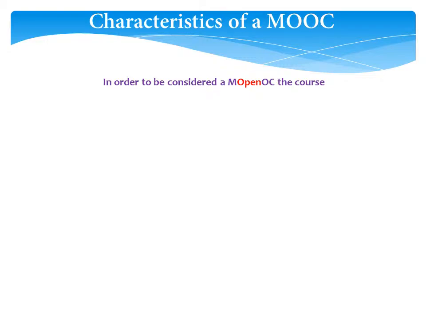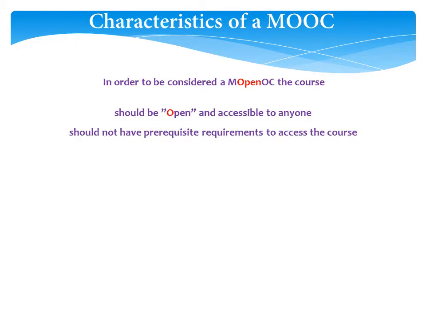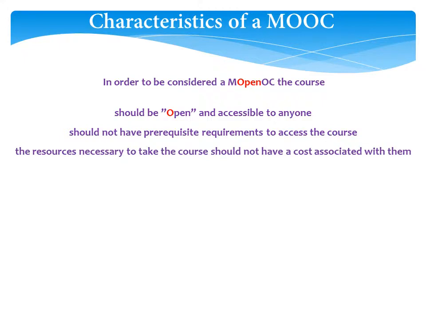The concept and implications of an open course are a little more elusive and may have several interpretations. The first implication of the term open is that the course should be accessible to anyone and should not have a prerequisite requirement that would exclude someone from being able to take the course.